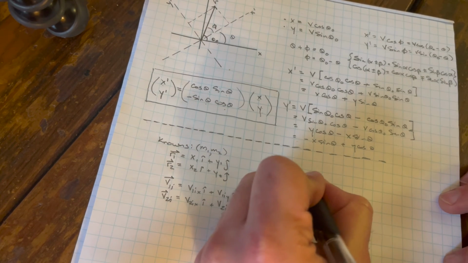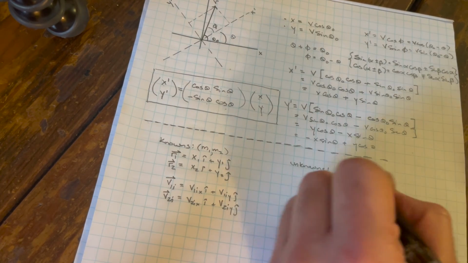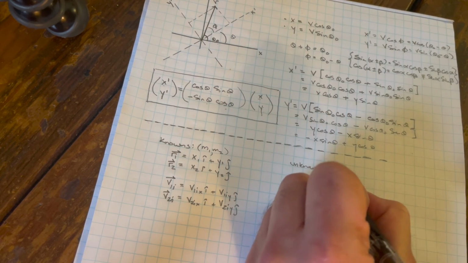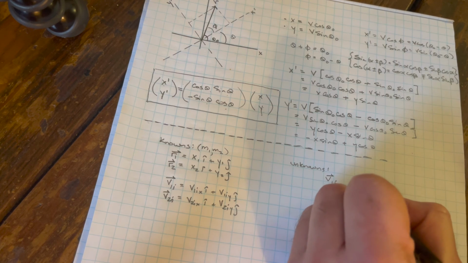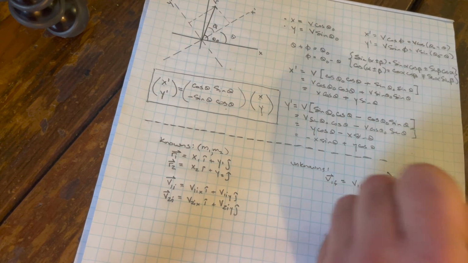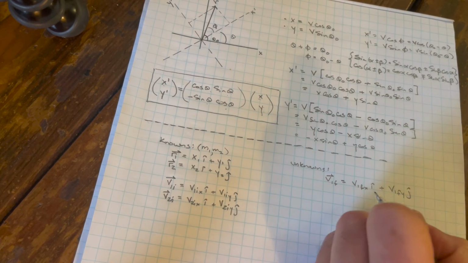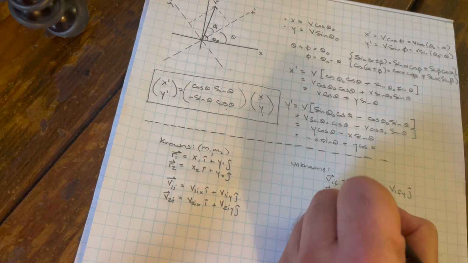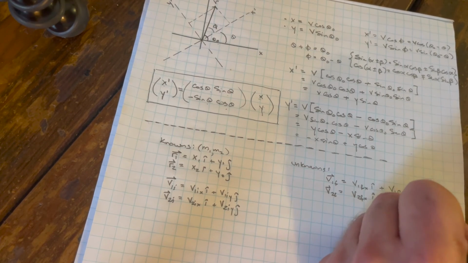And our unknowns, or the variables we're solving for, are our final velocities, that's v1f x in the i hat, v1f y in the j hat, and v2f, these two components, v2f x in the i hat, and v2f y in the j hat.